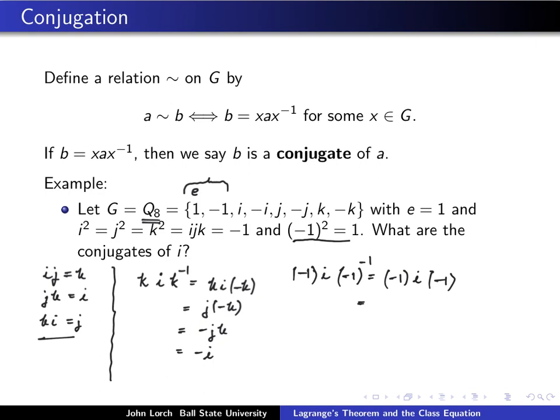And remember, minus 1 commutes with everything in this group, so we can bring the minus 1s over to the left and leave the i on the right, and that just returns i. Now we could continue doing this for the other 6 elements of Q8, and what you will find is that the conjugates of i are just i itself and minus i.